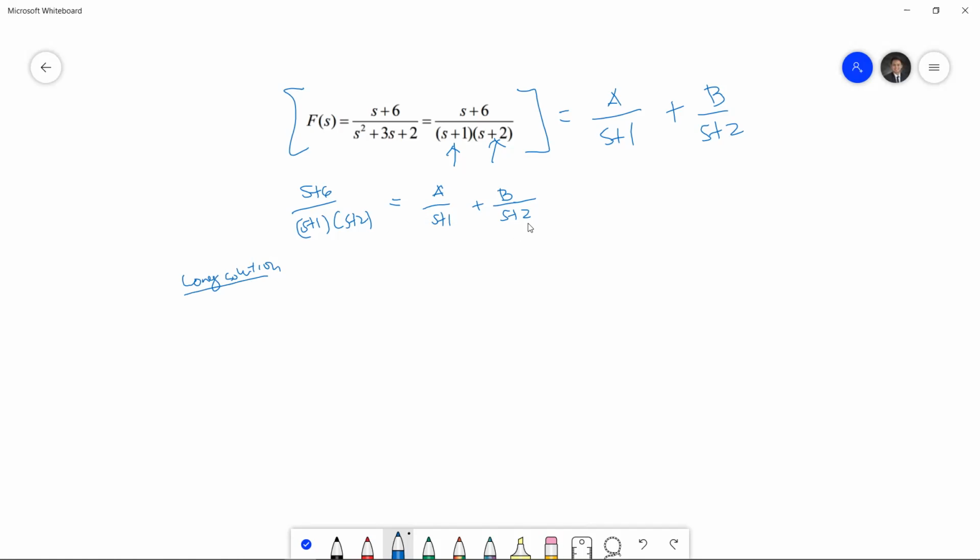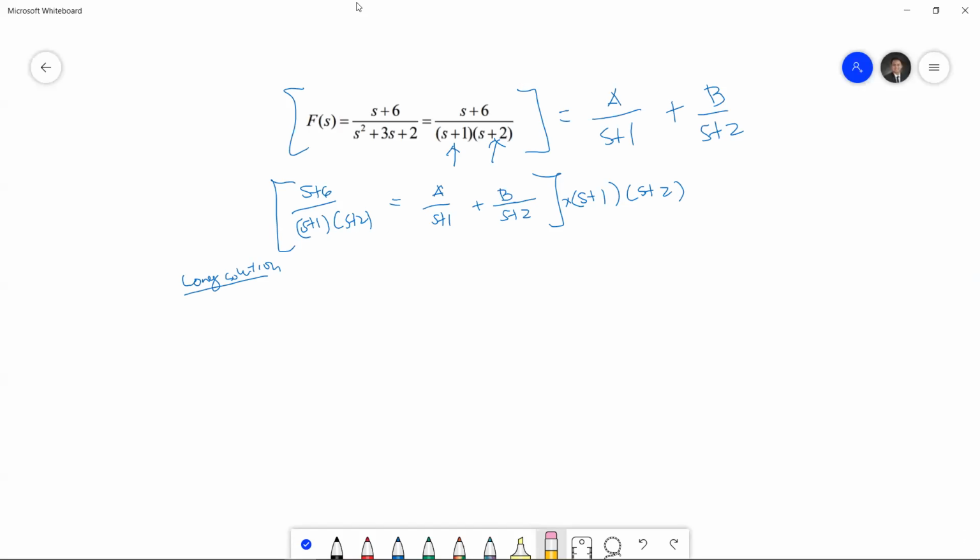You will divide all terms by the denominator. So, kung ano ba yung denominator nila lahat? Di ba ang denominator is s plus 1, s plus 2. So, we'll multiply s plus 1 and s plus 2. If we multiply s plus 1 and s plus 2 in the whole term, ang mangyayari is, sorry.